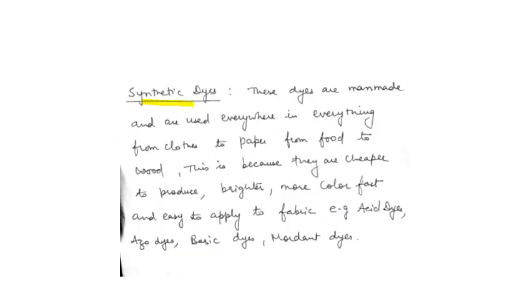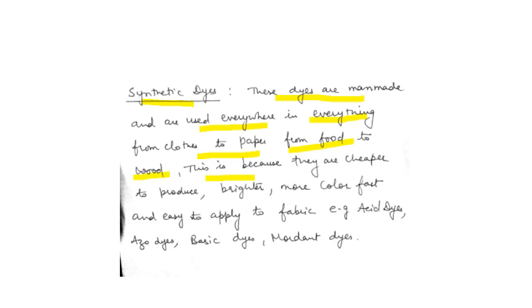Synthetic dyes are the man-made dyes used everywhere, in everything. Nowadays we are using synthetic dyes in everything, from clothes to paper, from food to wood. Why?